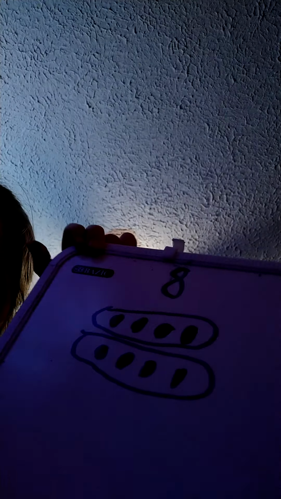But there's also another way to make 8. Sorry about the light conditions. We're going to take it, and now watch this. I'm going to circle 2, because 2 plus 2 equals 4. So we're going to split the 8 into 4 and split the 4s into 2s. Ta-da!